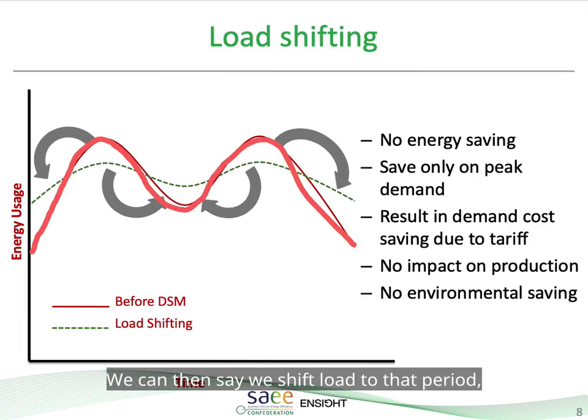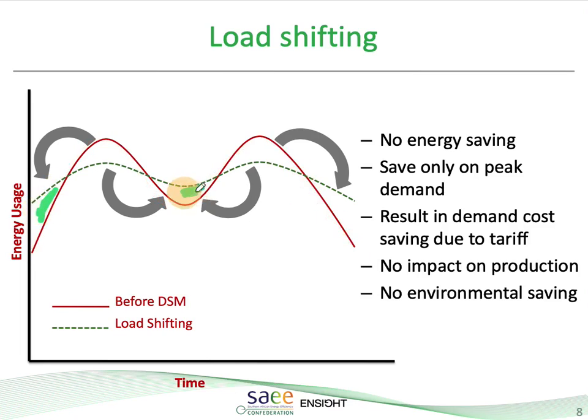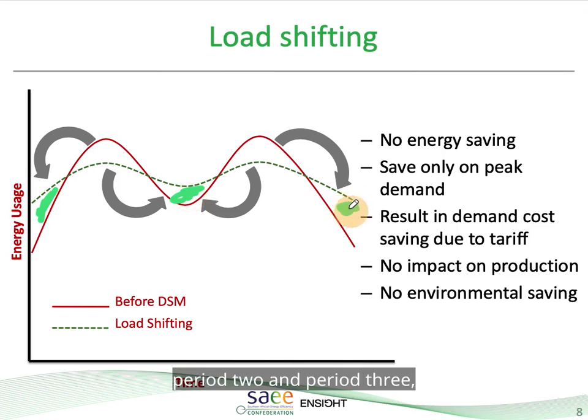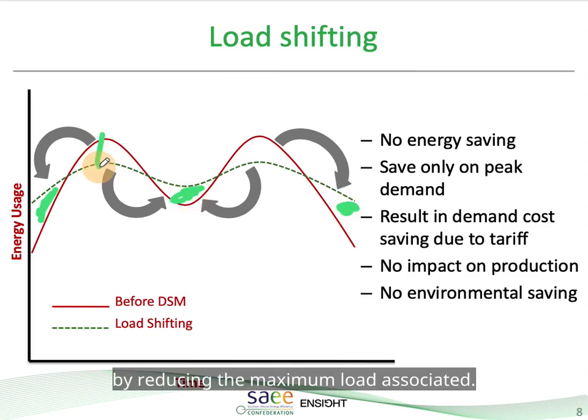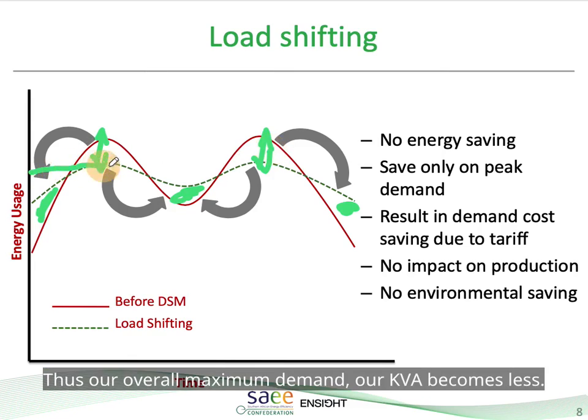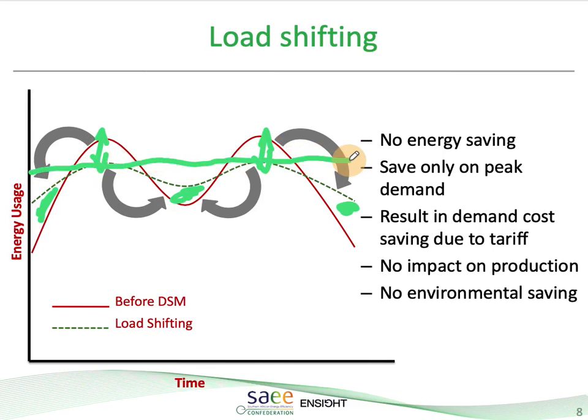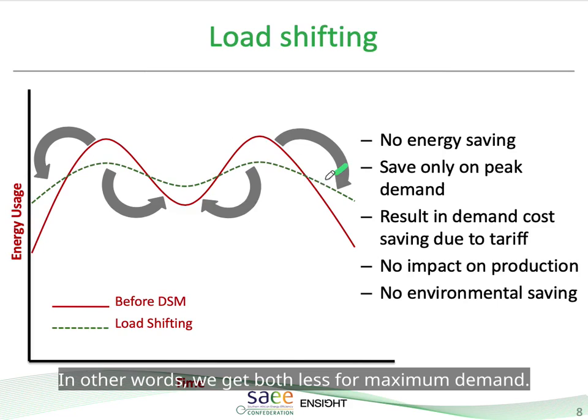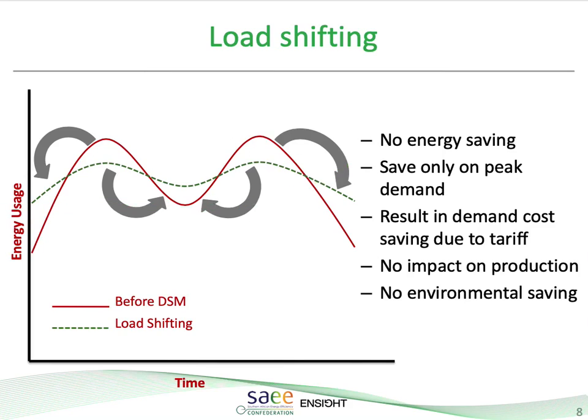We can then say we shift loads to period 2 and period 3 by reducing the maximum loads associated. Thus our overall maximum demand, our kVA, becomes less. In other words, we get billed less for maximum demand.